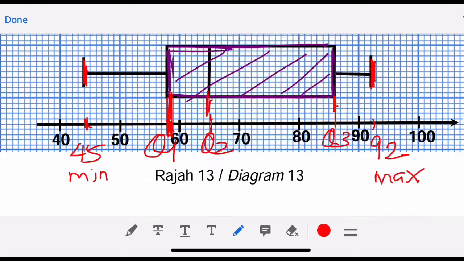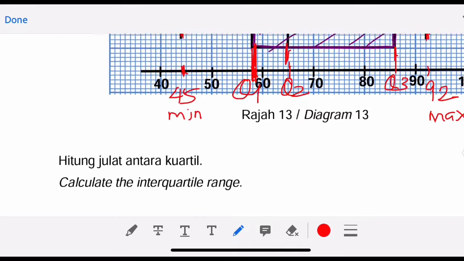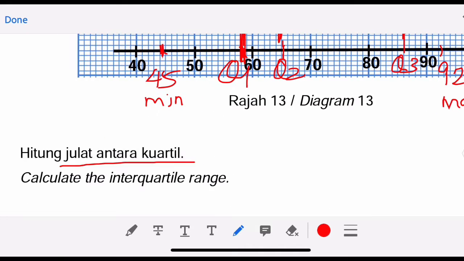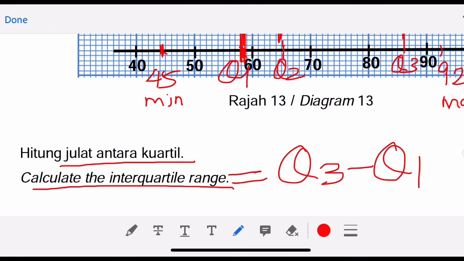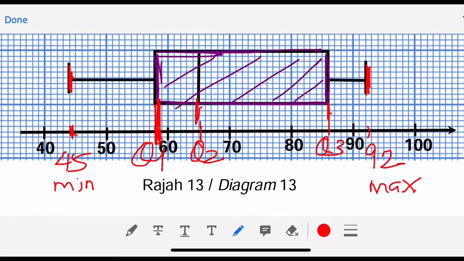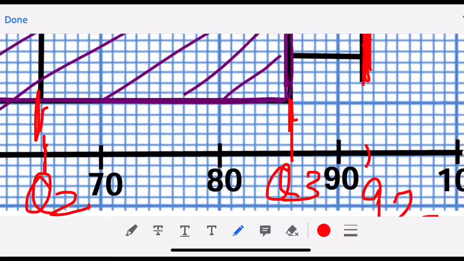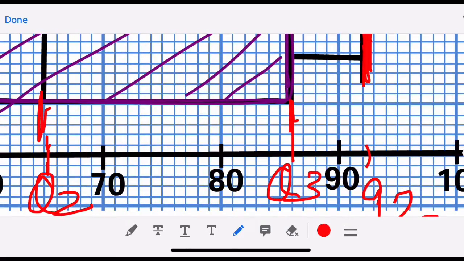So if you want to read the interquartile range, the interquartile range is Q3 minus Q1, right? Q3 minus Q1. How is our Q3? Let's read carefully. We have 80 to 90, so 81, 82, 83, 84, 85, 86, right? Let's see clearly.